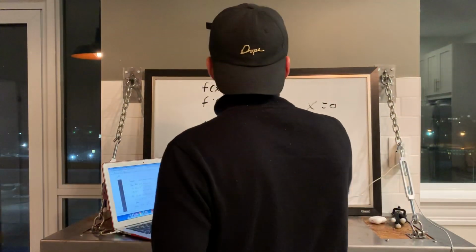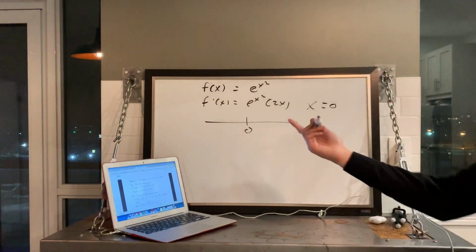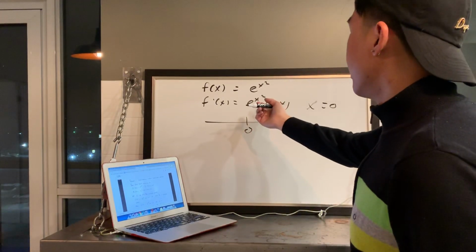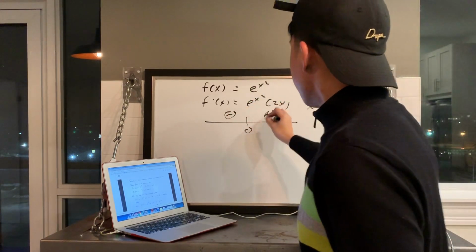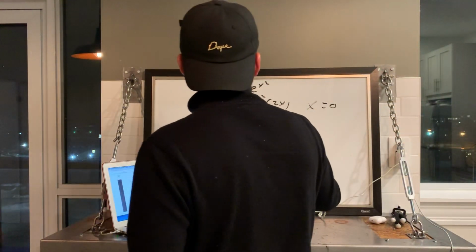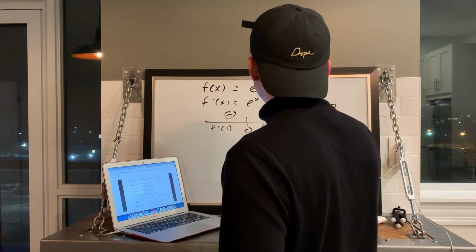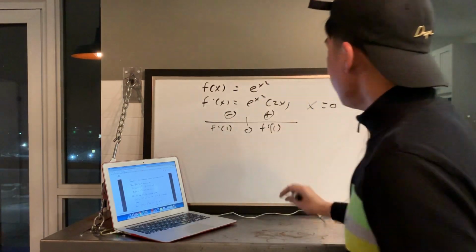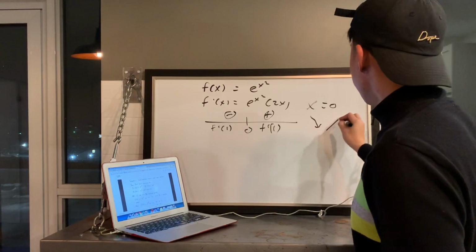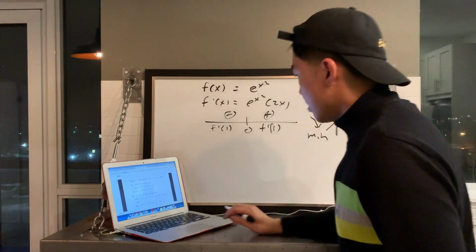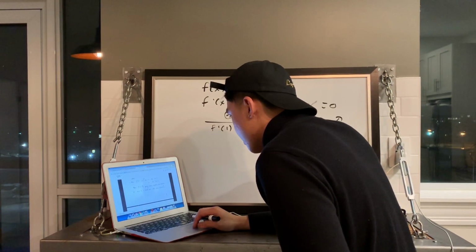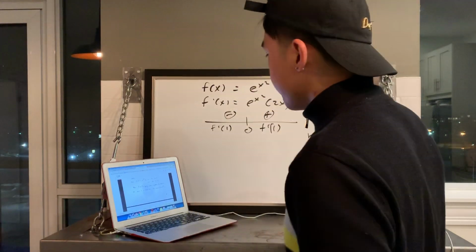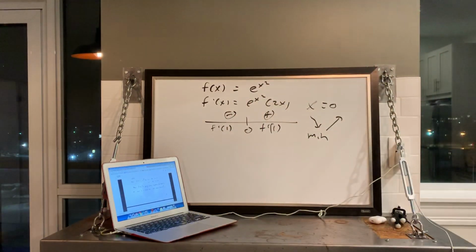So we put a line at 0. I'll test -1, which would be negative, and positive on this side. So I did f prime of -1 and f prime of 1. That means we go from negative to positive, so we have a minimum. So x equals 0 is a local minimum for this one right here.